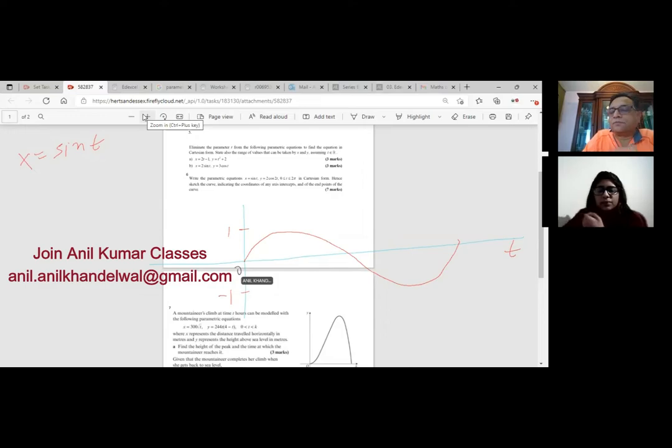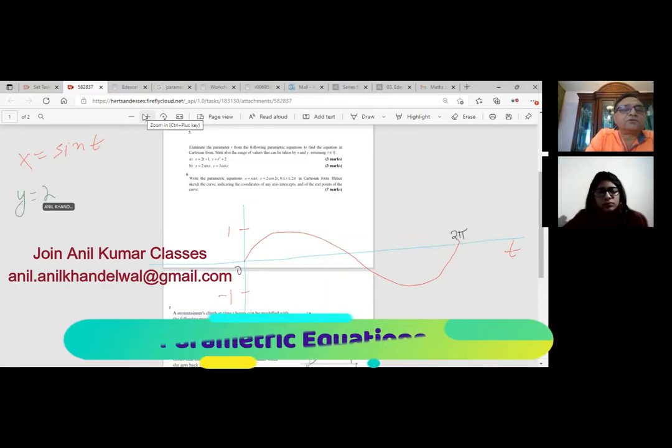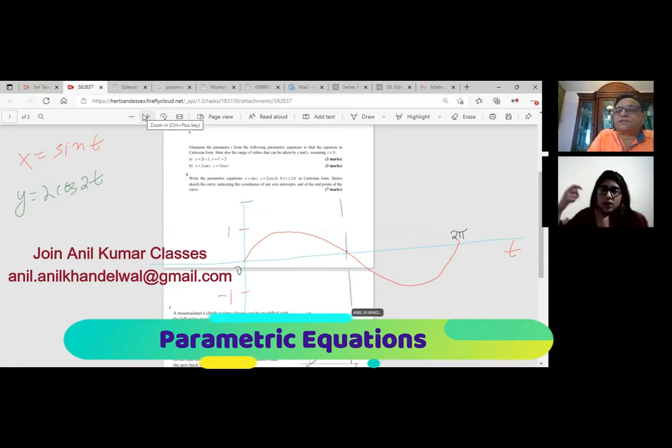Now we have to find the graph y equals 2 cos 2t. The 2 means amplitude is doubled, and 2t means the time period is half. So now instead of 1, you will have 2 cosine waves here.